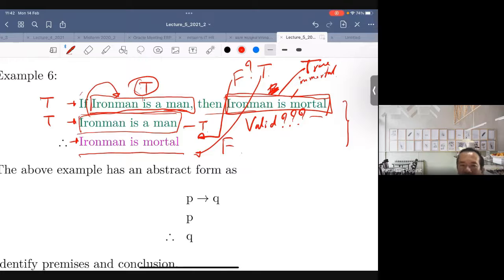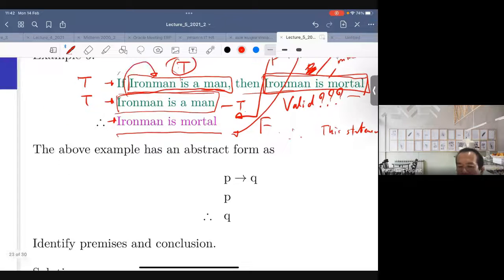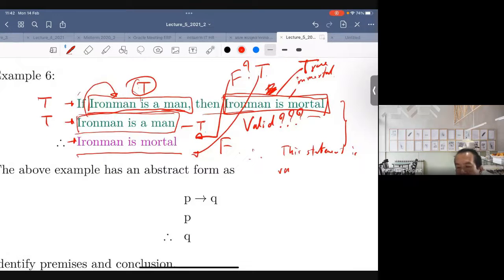Because it's the same sentence basically. Which means that this statement is what is valid.